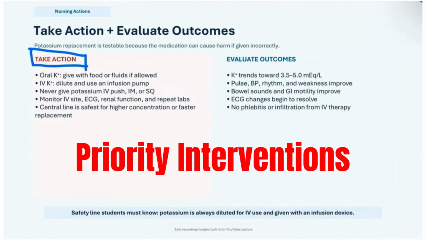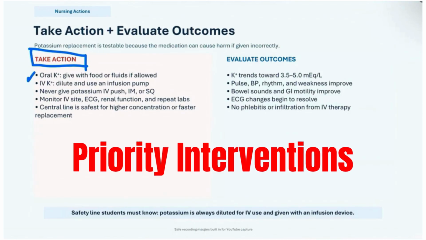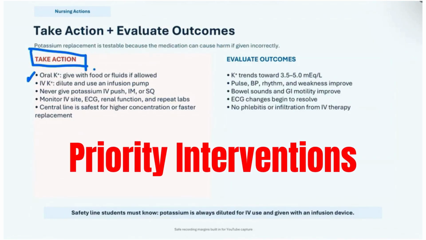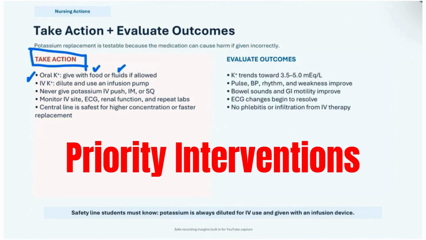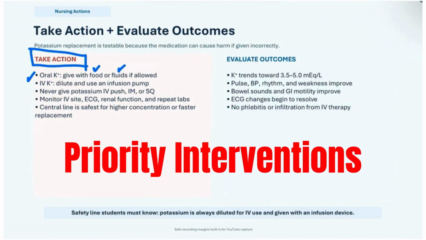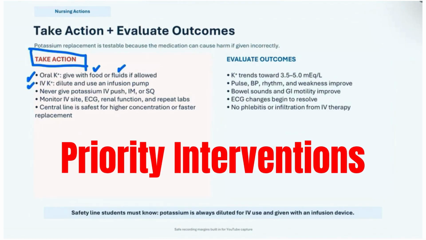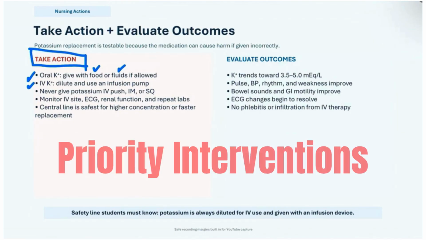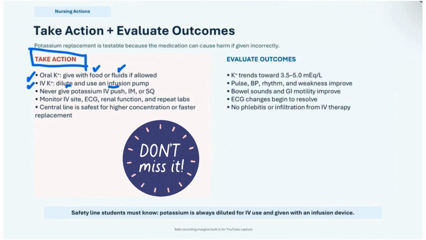If oral potassium is prescribed, it can be given with food or with fluids when allowed, because potassium, remember, can irritate the gastrointestinal tract. If the potassium is going to be administered via the intravenous route, it must be diluted, and this is very, very important. It must be diluted and administered using an infusion pump.